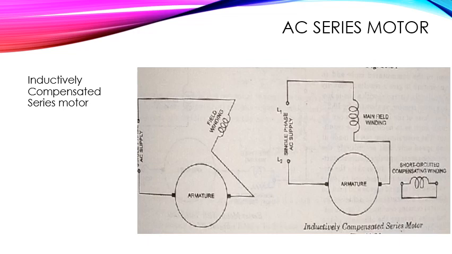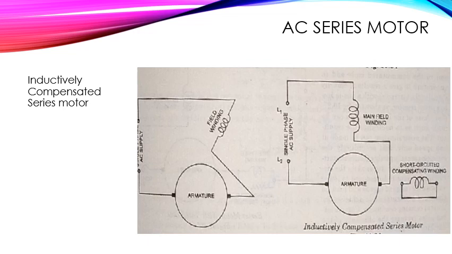Another method is to short circuit the compensating winding as shown in this figure with the short circuited compensating winding, main field winding and AC supply, and the armature with the brushes.